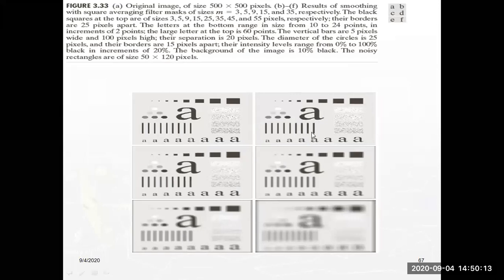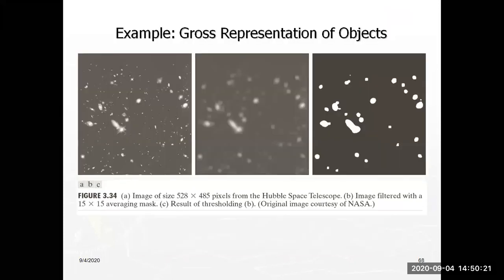Image A is the original image, then B, C, D, E, F. Like this, your images are blurred. And here is another operation. The second one is removing of noise. How to remove the noise from your galaxy image, which is obtained from the Hubble Space Telescope? In this there is a galaxy, and there is some amount of noise that will be removed with the help of linear filters.